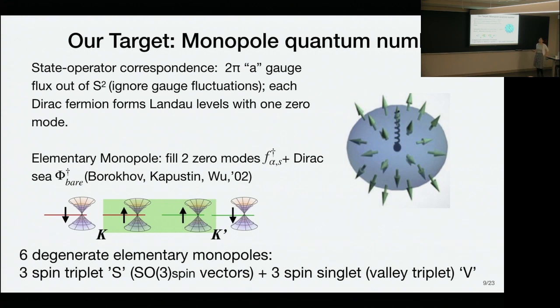Namely, a primary operator in a CFT inserted at the origin is mapped to a ground state in the radially quantized space. So here, a monopole operator is mapped to a ground state on a sphere with this 2 pi small a gauge flux threading out of this sphere S2.